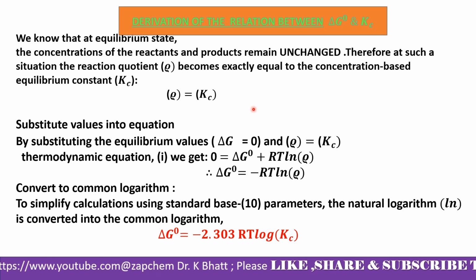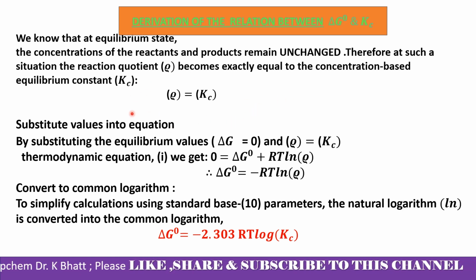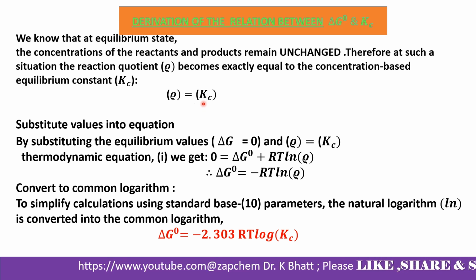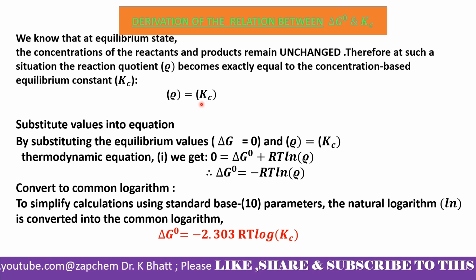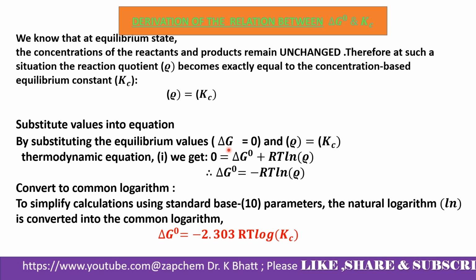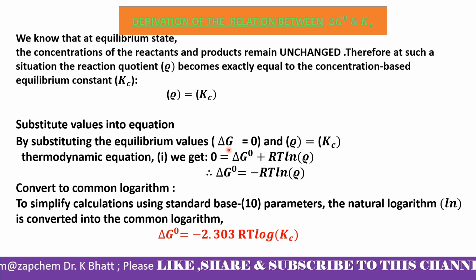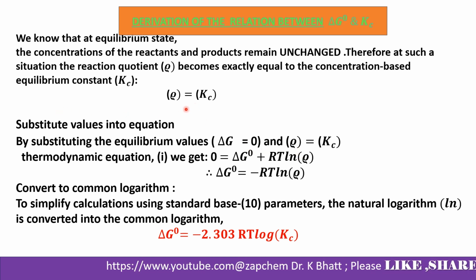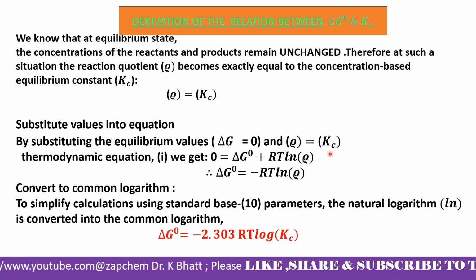We have studied this in chemical equilibrium: when the reaction quotient becomes equal to the equilibrium constant, that is, it attains thermodynamic equilibrium, then delta G becomes 0 at the equilibrium state. That means a stable state, and the free energy change is also 0. And as we find here, Kc and the reaction quotient are also equal.